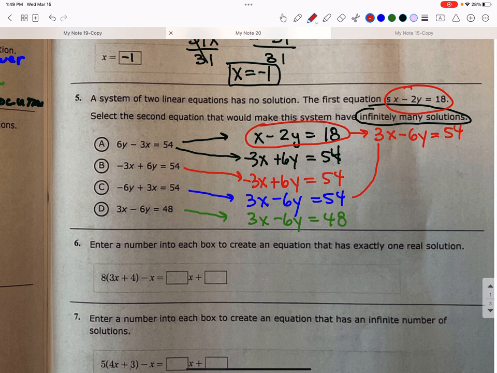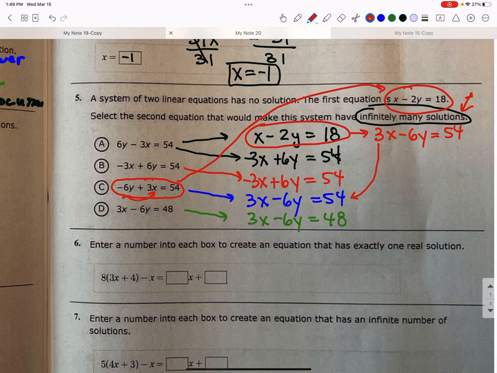Oh, that's that one. So they actually were the same equation. This one was just 3 times bigger, and they tried to hide it by rearranging it. All the numbers are 3 times bigger than that. So they're actually the same equation, and that's why there's infinitely many solutions. They're exactly the same equation.